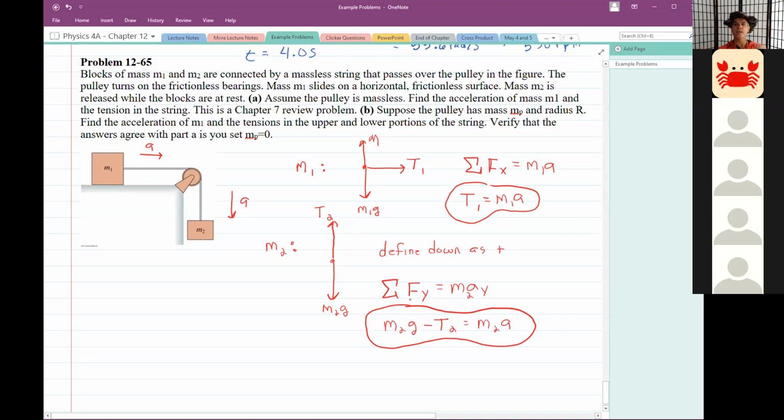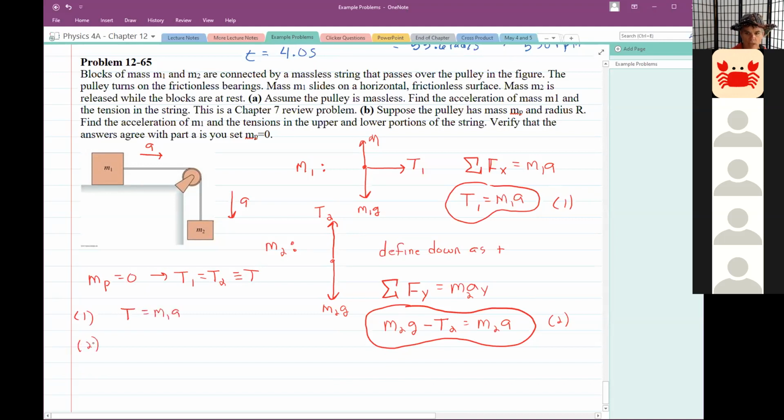Here's the second equation. Now, these tensions are the same because I'm assuming the pulley is massless. If the mass of the pulley, I'm going to use MP, is 0, then I know T1 is the same as T2, and let me just call it T, kind of what I was doing before. Let's call these equation 1 and equation 2. Equation 1, I can just write as T equals M1a.